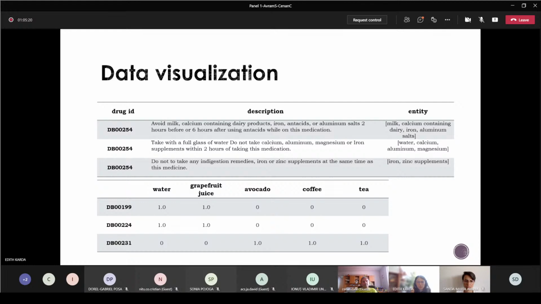For the data visualization, the first table shows an extract from the processed data. This is what the model generated. We have in the first column the drug ID, in the second one the long description, and in the third column we have the extracted entities like milk, calcium containing dairy, iron, aluminium salts.